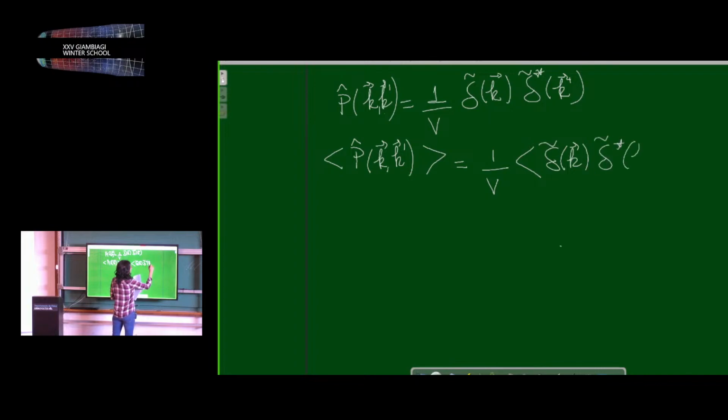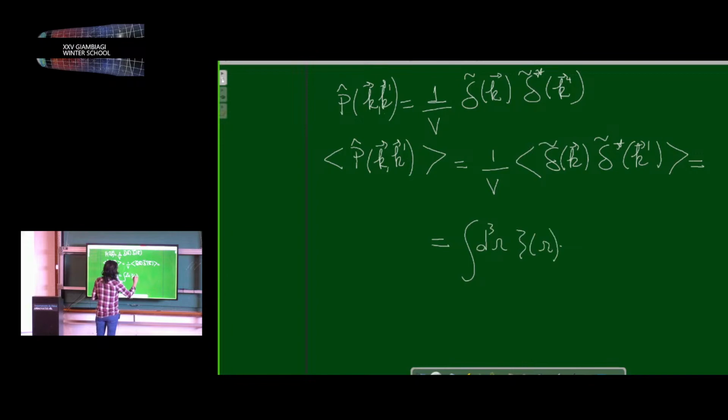If I rewrite the Fourier transform of delta in terms of the density contrast in real space and do the whole calculation, it's super simple, it's 3 lines, but I wanted to save time here. I can show that this is equal to the following, to the integral, these 3 are the correlation function.